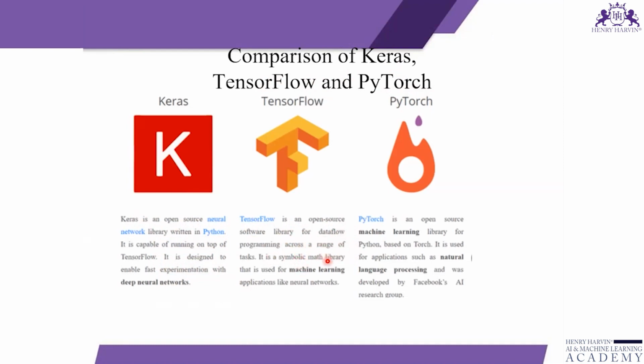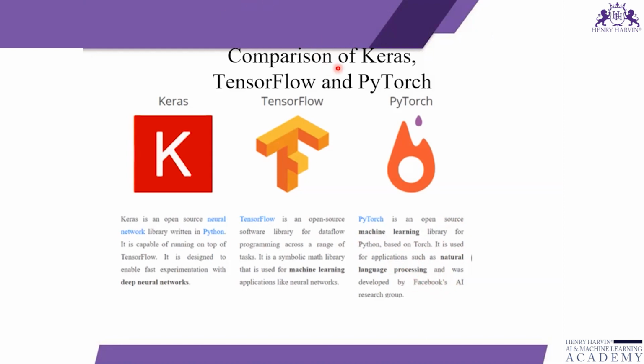It is a symbolic math library that is used for machine learning applications like neural networks. PyTorch is an open source machine learning library for Python based on Torch. It is used for applications such as NLP, that is natural language processing, and was developed by Facebook's AI research group.